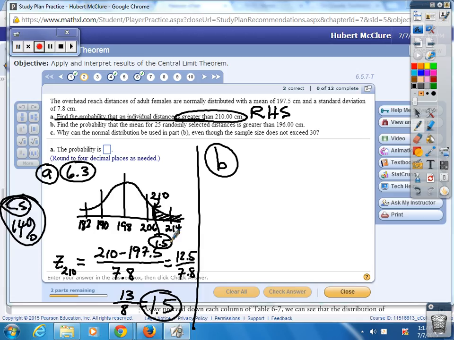What did y'all come up with? 1.6? Okay. 1.6. So you go to your handy dandy calculator and do normal CDF of negative 9999 to 1.6. And somebody tell me what you get. And that's the left-hand side. What?